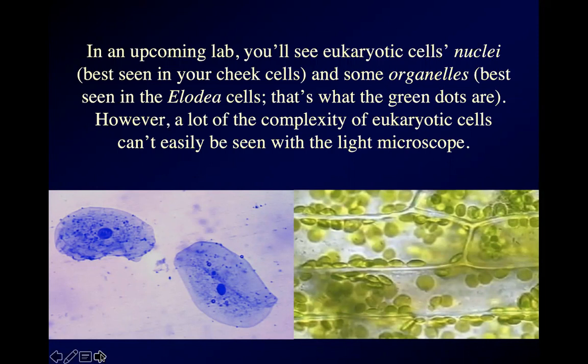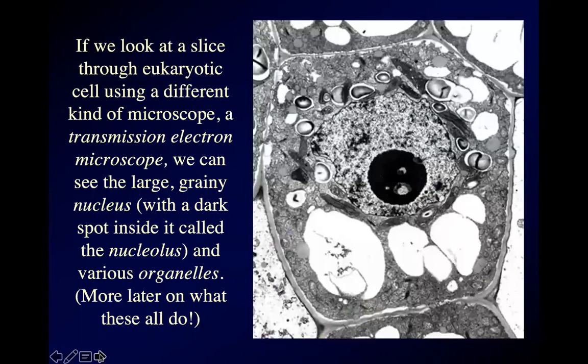Plants are eukaryotes. A lot of the complexity of a eukaryotic cell can't be seen with a light microscope. So we turn to what we call a transmission electron microscope. Here's a eukaryotic cell. Don't worry about what all of this stuff is called.